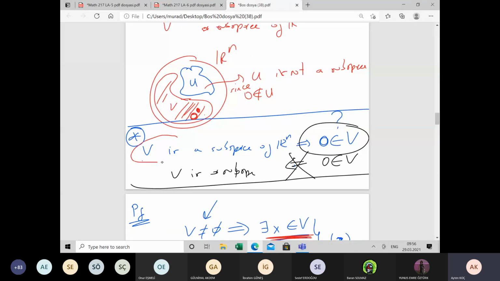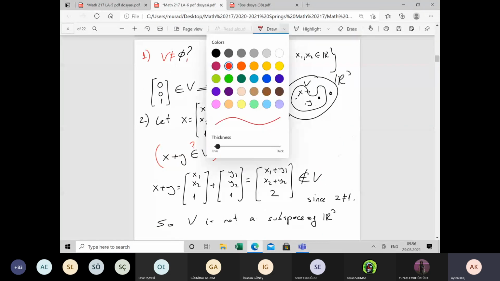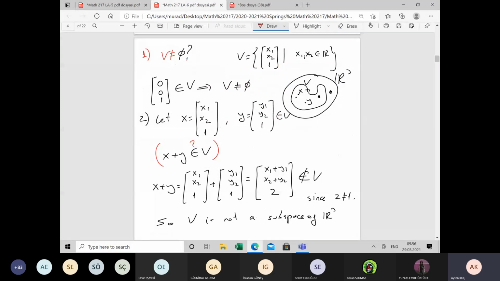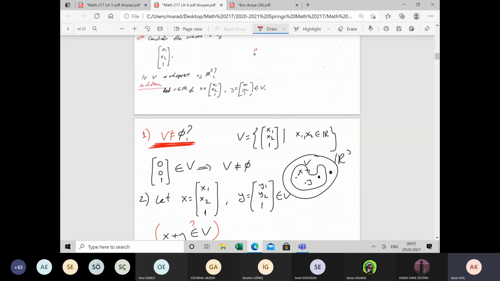In the second method, first of all, our aim is to show that V is non-empty. We know that if V is a subspace, the zero vector should be in V. But look here, the zero vector (0, 0, 0) is not in V, because the third component is 0, not 1.